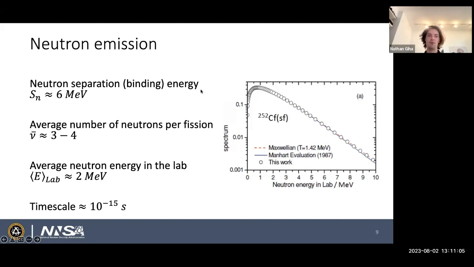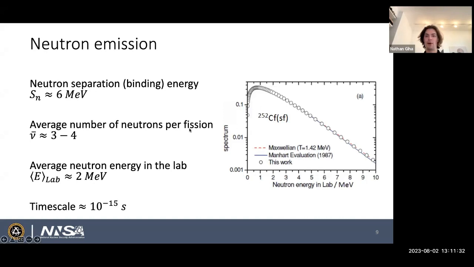So whenever you emit a neutron from this excited nucleus, you have to first separate that neutron from the nucleus, and that takes a lot of energy, on the order of 6 MeV or so, even with these super neutron-rich nuclei. So every time a neutron's emitted, you take away that binding energy plus whatever kinetic energy the neutron has.